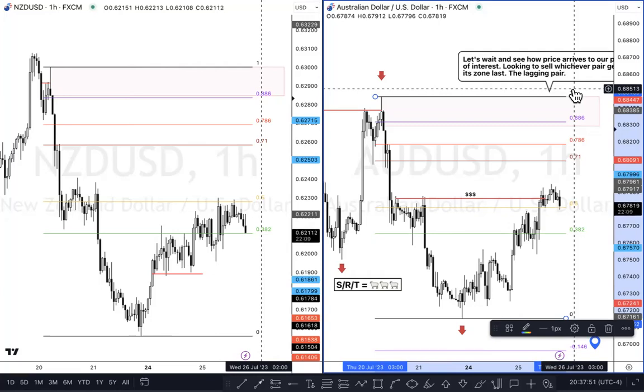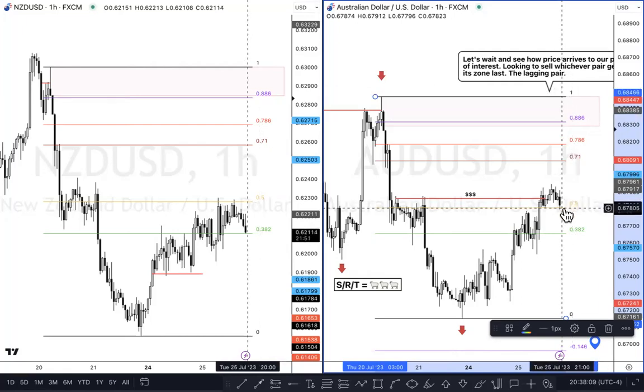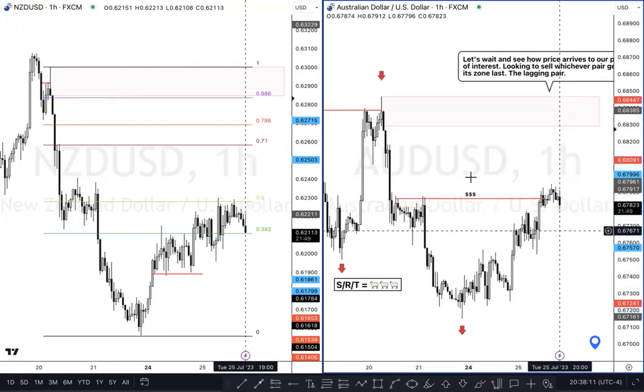The last piece of the puzzle that you might be missing is that you're just trading the wrong pair. You might be trading GU when EU was really the one to take. You might have been trading AU when NZD/USD might have been the winner. So you want to keep an eye out on this.